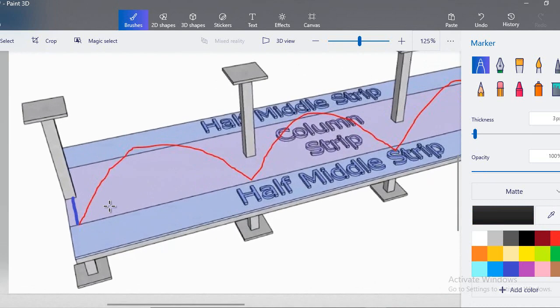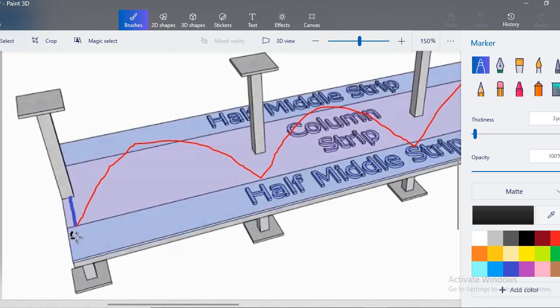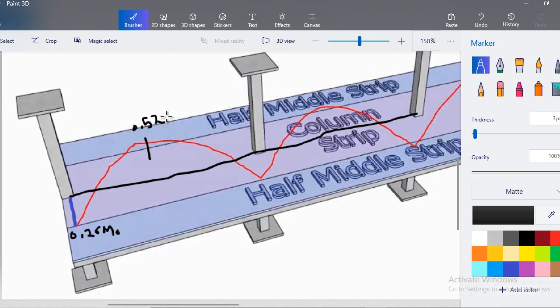By the ACI code, here it will be 0.26 times M naught, and M naught for frame A we already determined. Similarly, here it will be a positive moment, remember. Clear? Here we have a positive moment, and the positive moment will be 52%, 52% of M naught.